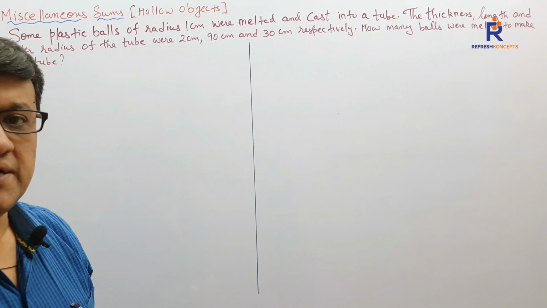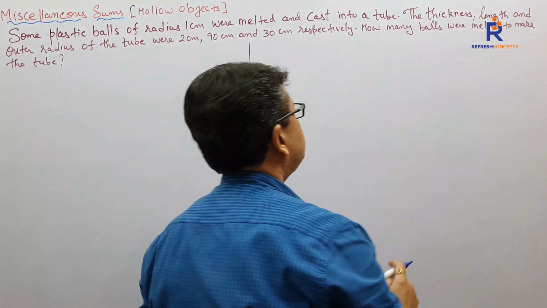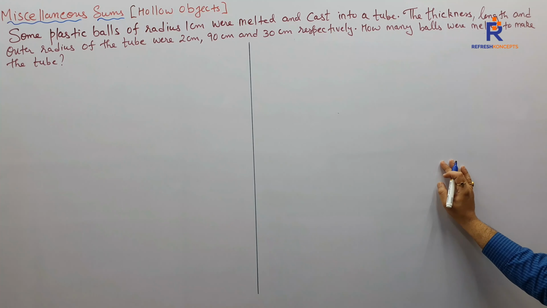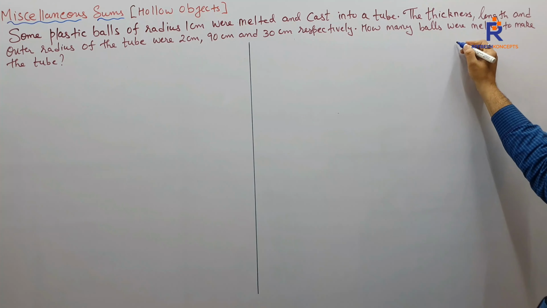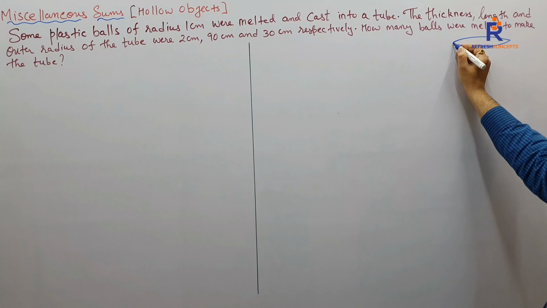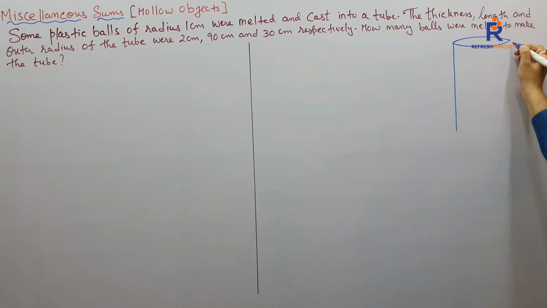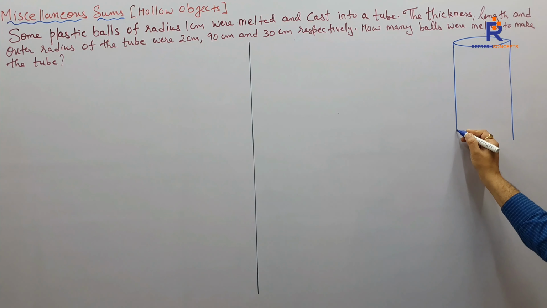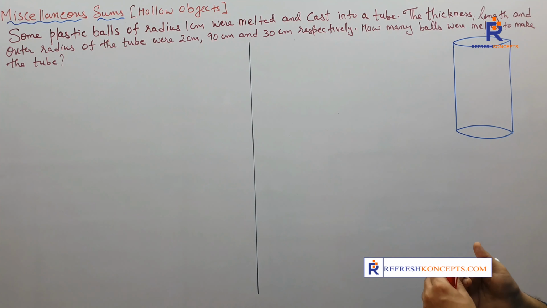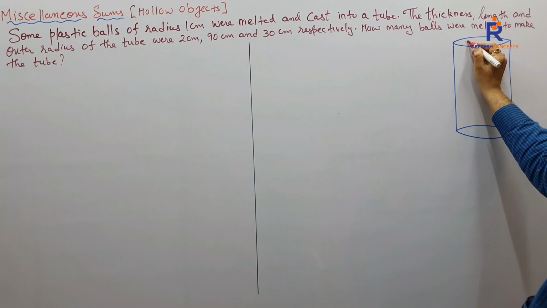Let's understand via the diagram. Since I now am aware that the tube so formed is a hollow one, let me say that this is the outer portion of the tube. Let us say this is nothing but the inner portion.